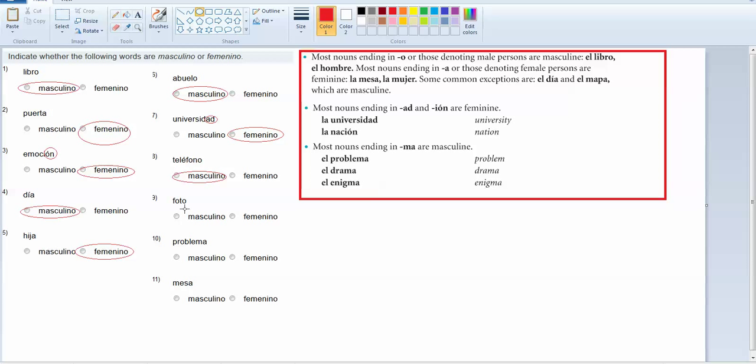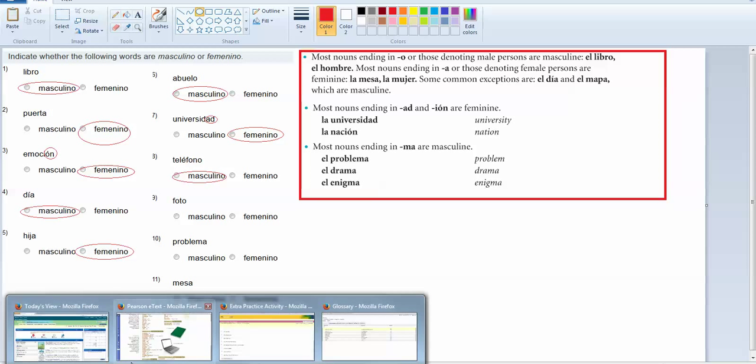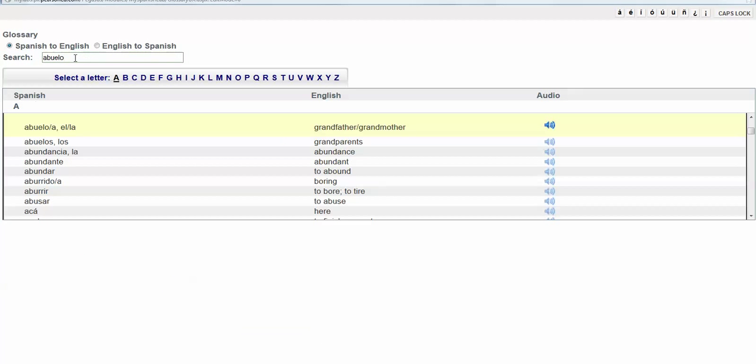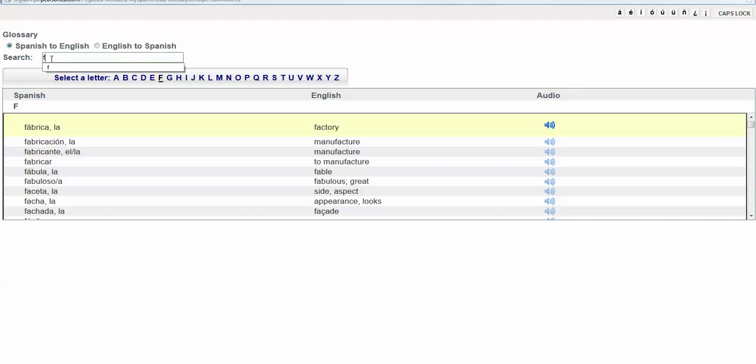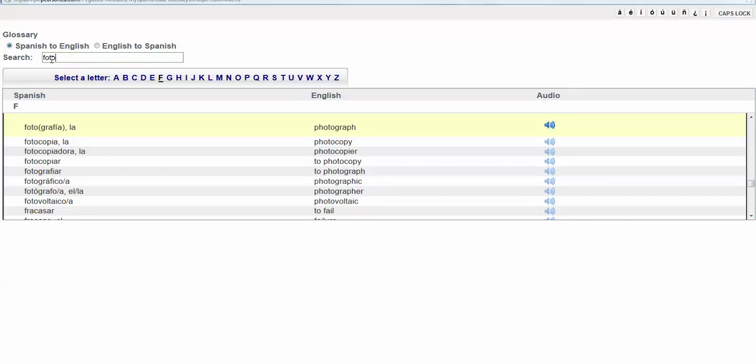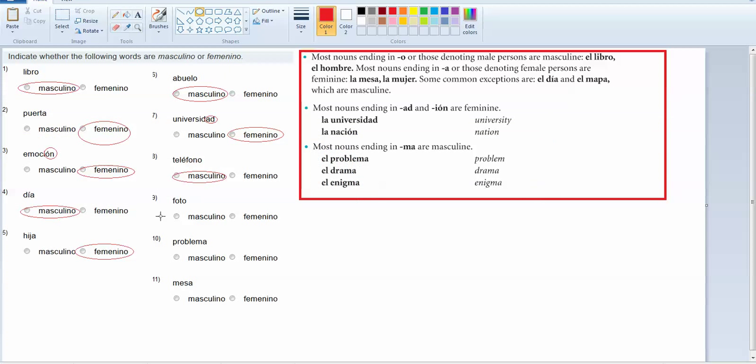Foto ends in O, so it should be masculine. However, if you go to your glossary and we look up foto, because foto is actually short for fotografía, it's going to be la, which makes it feminine. So we're going to pick femenino.